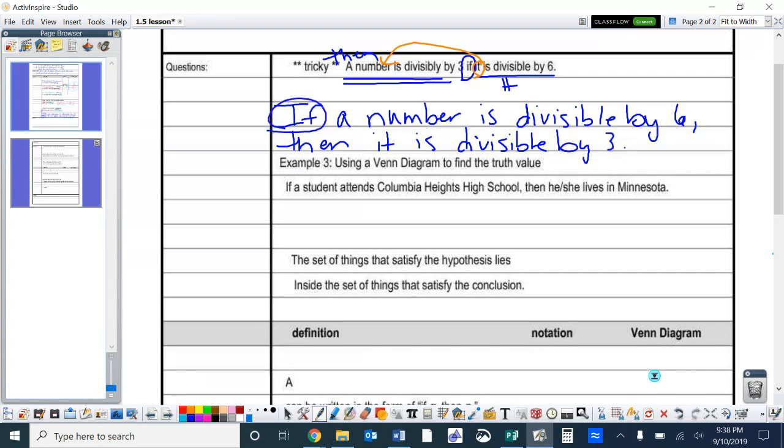Let's circle our if and our then, and we will single underline our hypothesis, which was originally at the end, and we will double underline our conclusion. Great.